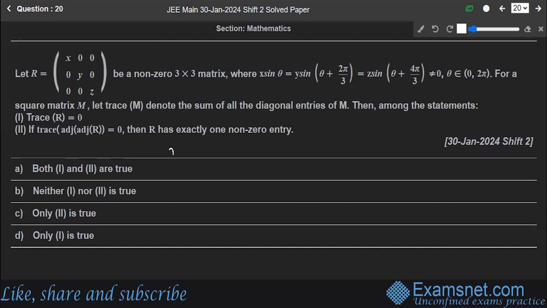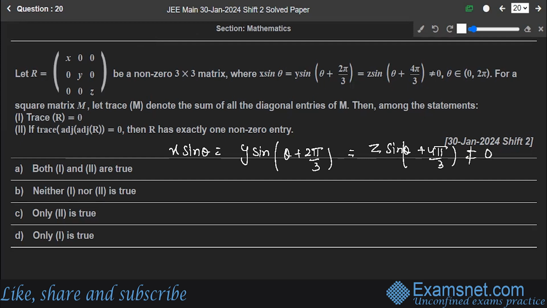So you are having this is equal to this is equal to z sine (theta plus 4 pi by 3), and you are given that they are not equal to 0.